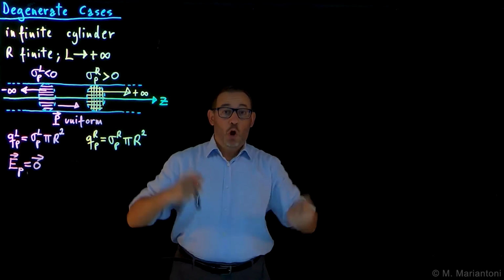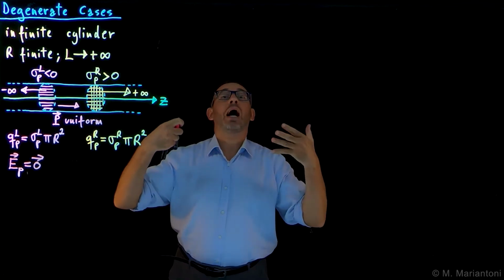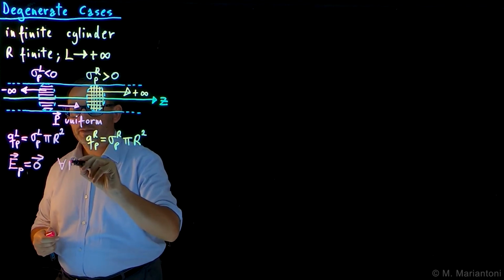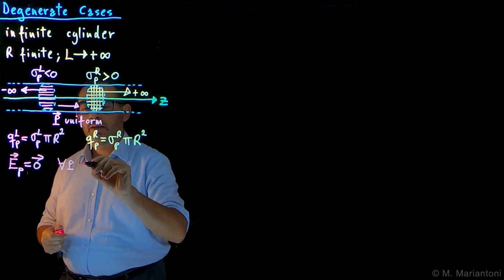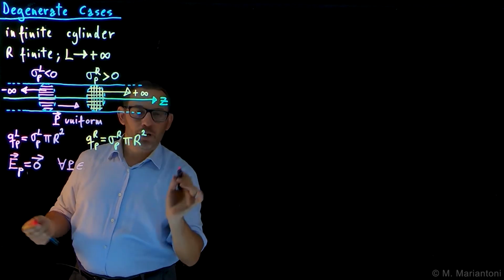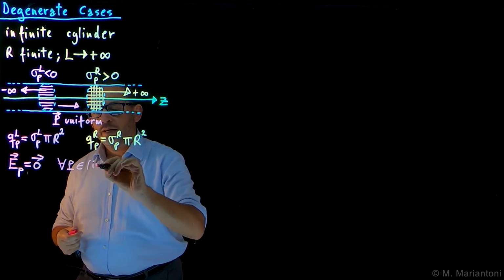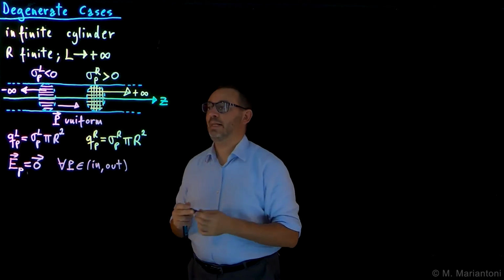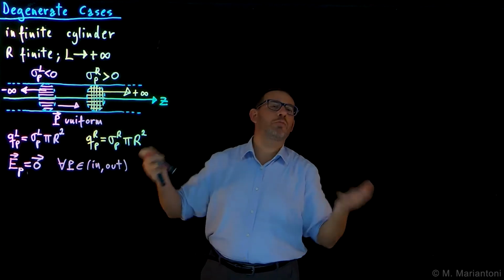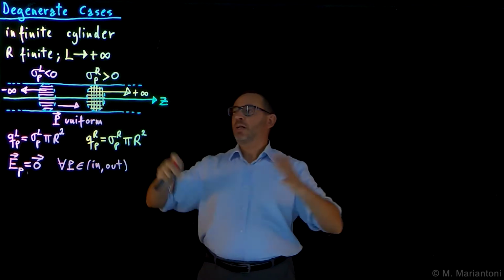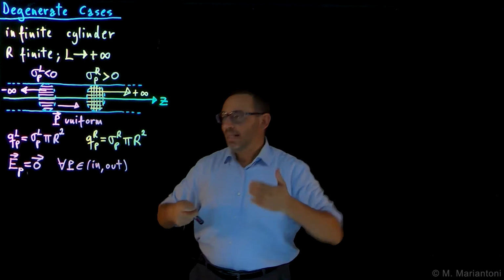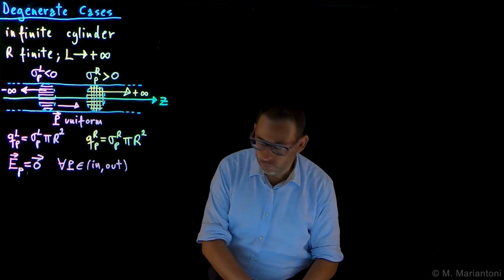Obviously, this is true not only within the object, but also outside it, which means this is true for each observation point P everywhere in space, inside and outside the cylinder itself. So this is a trivial case, where I have a finite charge at infinite distance and obviously end up with a zero field, as expected.